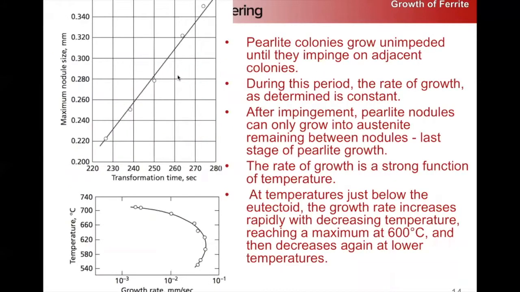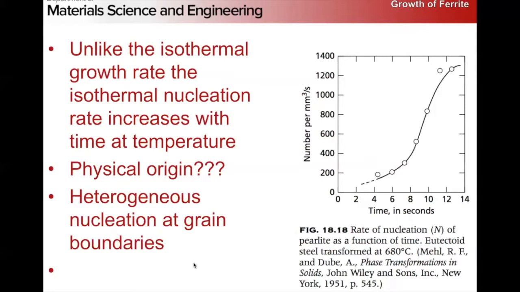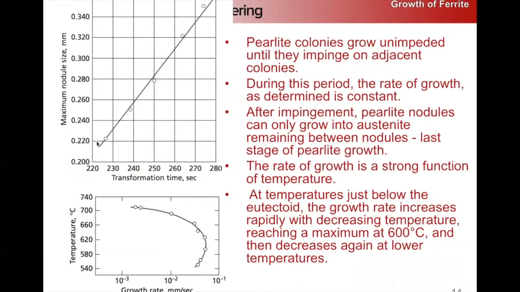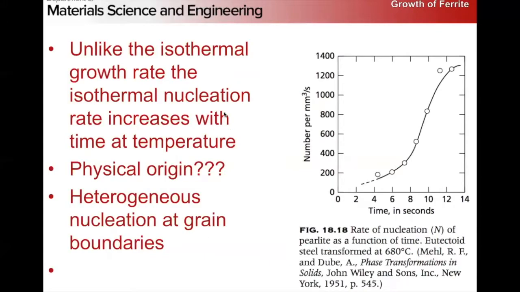So the isothermal growth rate decreases with temperature, right? Or the growth rate at a constant temperature, the isothermal growth rate stays the same, right? It's a constant with temperature. The isothermal nucleation rate increases with the time at temperature.